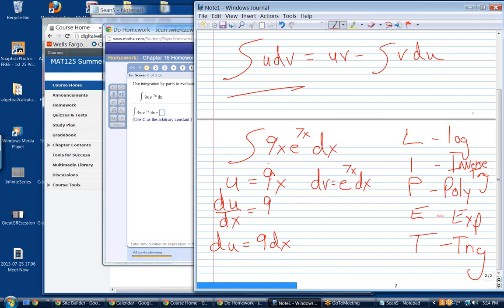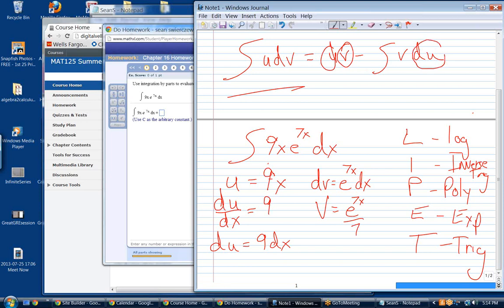I also need to know what v is, because right now I only know what dv is. So to figure out what v is, I have to integrate the right. If dv equals e to the 7x dx, and I integrate both sides, I get v equals e to the 7x divided by 7. So now I know what u is, I know what v is, and I know what du is.